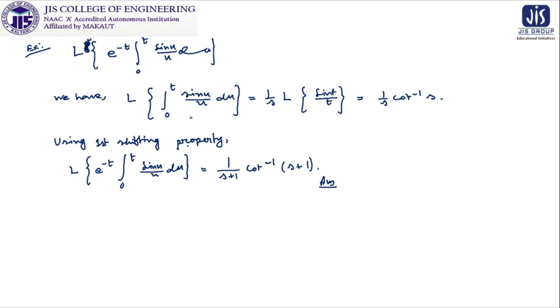And here, as e to the power minus t is outside the integration sign, we used the property of the Laplace transform of an integral first, then the first shifting property. That is why this deviation is there. So these two problems look very close, but they are two completely different problems, in their requirements as well as in their answers.